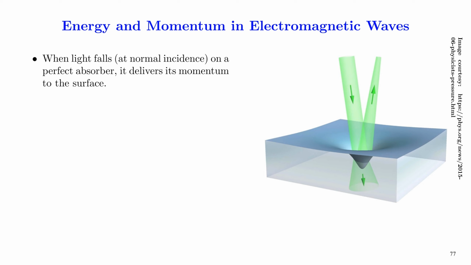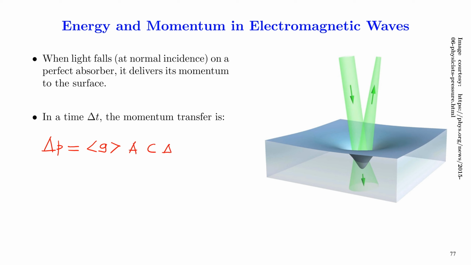If it is a perfect absorber, it will accept all the energy that is incident on it. If it is a perfect reflector, it reflects all the energy that is incident on it. And in most cases, a part of the energy will be absorbed and a part will be reflected back. In a time delta t, the momentum that is transferred to the surface can be written as delta p. This is equal to the average value of g multiplied by A, then c delta t.